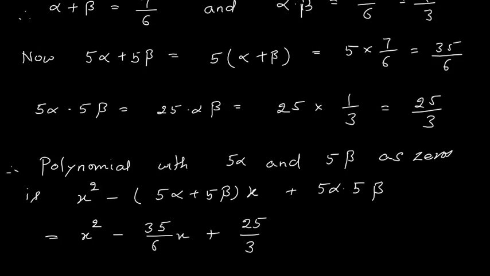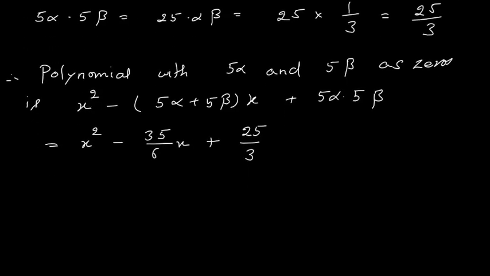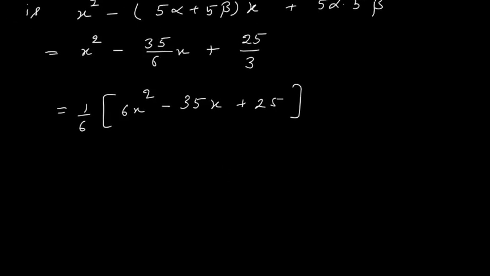So we multiply all of them by 6, or you can take 1 upon 6 common. Here you get 6x square minus 35 times x plus 25. This is the required polynomial. Now all the polynomials which are some multiple of this 6x square minus 35x plus 25 will satisfy with the required zeros, that is they have zeros as 5 alpha and 5 beta.